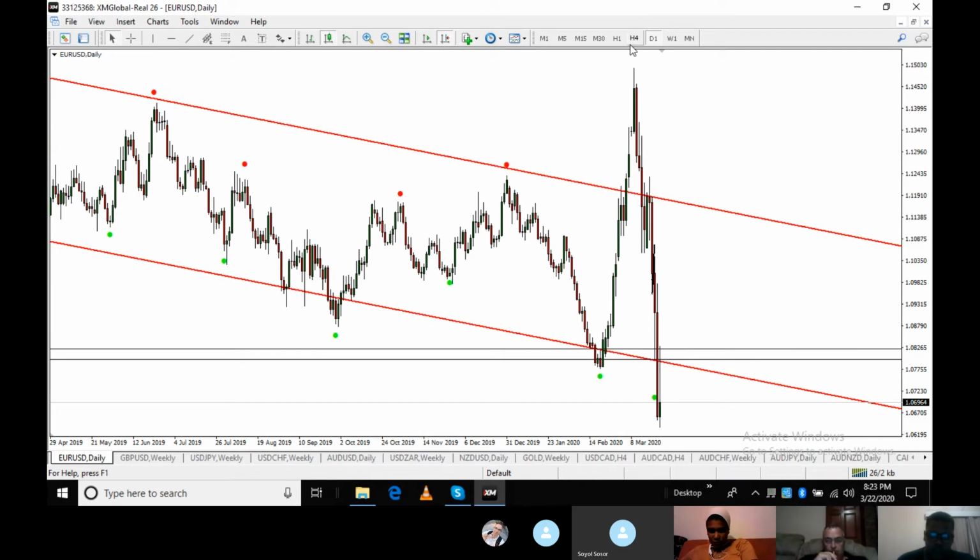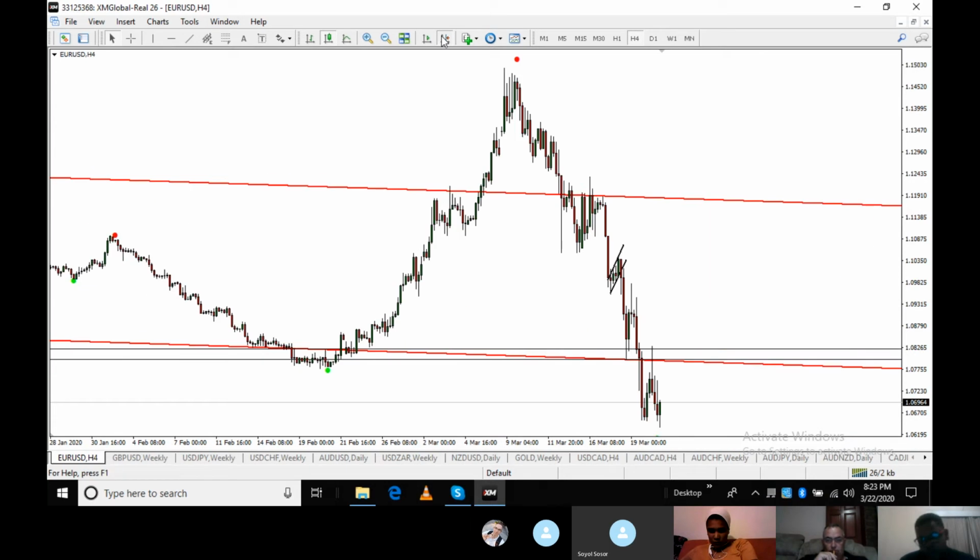So if I drop to my 4 hour, I will see that I do not have a close below the previous low point. Price actually went and closed above this area. Not only that, it closed significantly above the previous candle. So that means some bullish momentum is to come.